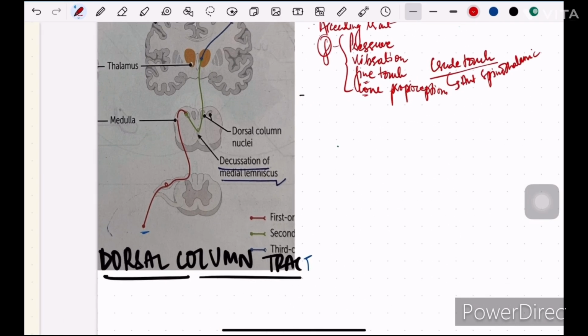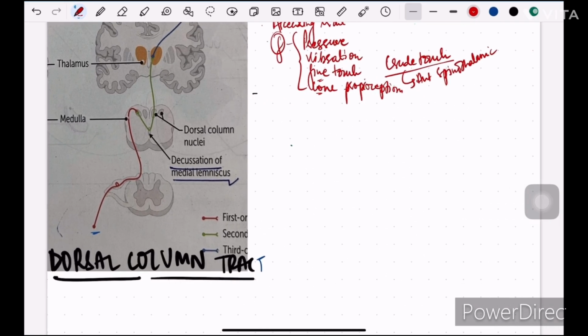So आगे हम लोग देखते हैं इनका जो pathway होता है. तो these are the sensory nerve endings जो आते हैं dorsal root ganglion में, and then it goes ipsilaterally up till the medulla, and this is your first order neuron. Now from the medulla it decussates to the contralateral side, which is your second order neuron.